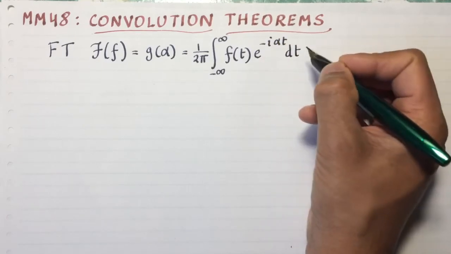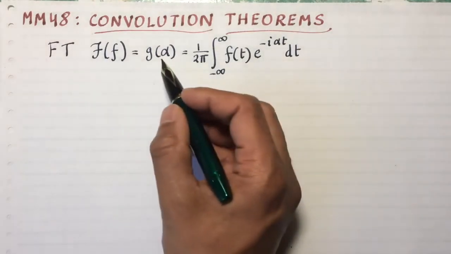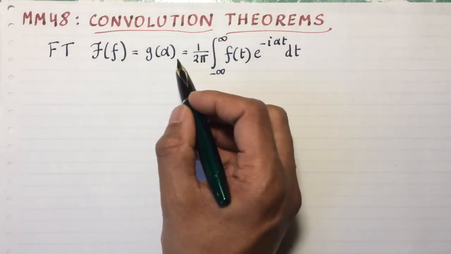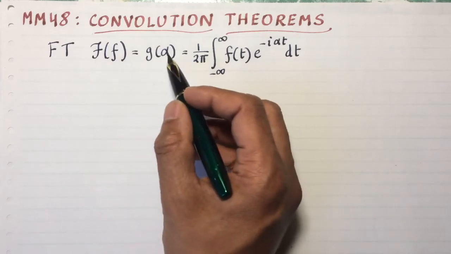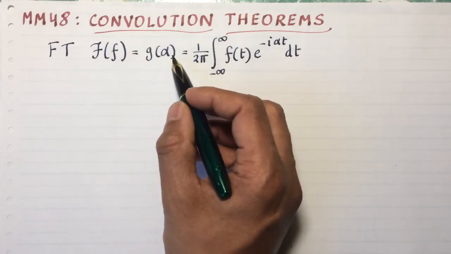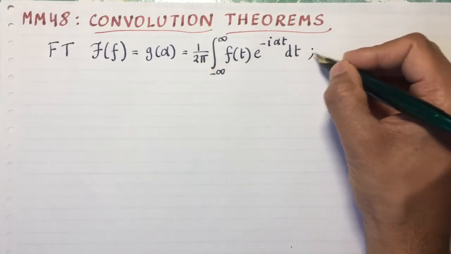So you're integrating out the variable t, and the variable alpha is left over, and that function of alpha is called g. So the Fourier transform is a function g of alpha. The Laplace transform is defined similarly.